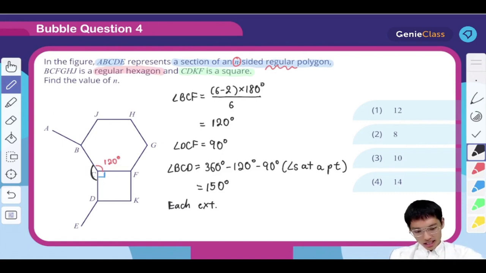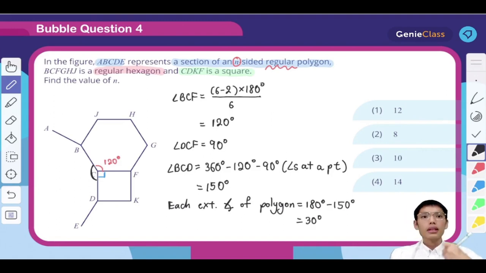That's why in this case I use the exterior angle, because we recall the exterior angle does not involve n itself. I don't know n. But this one, you recall, I know each exterior angle in this case is 30 degrees. Recall, it's just 180 minus the interior angle, because adjacent angles on a straight line.